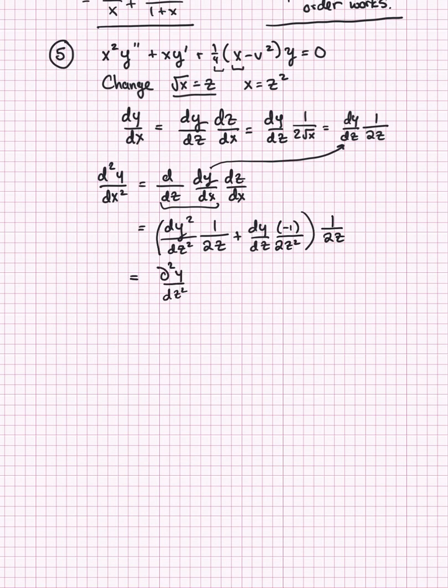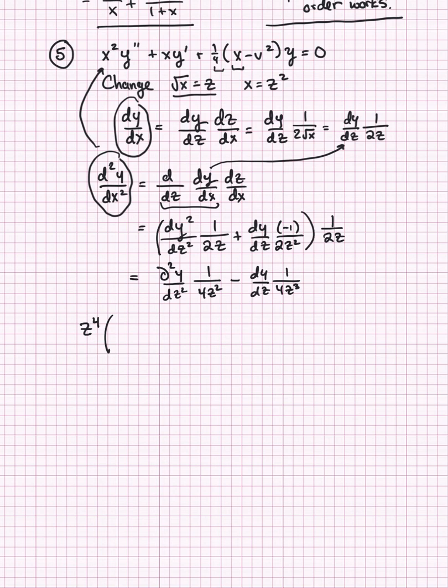So I end up with the second derivative of y with respect to z times 1 over 4z squared, minus the derivative of y with respect to z times 1 over 4z cubed. And now we're just going to plug in both of these expressions and also make the change that x is equal to z squared. So x is z squared, so x squared is z to the fourth.